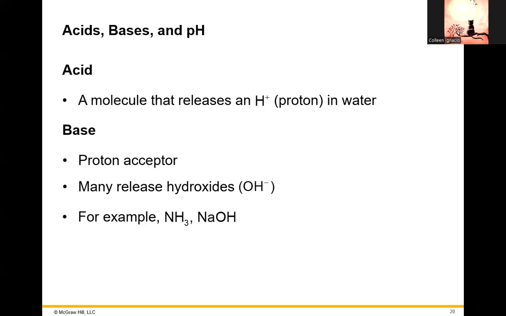Okay, so let's talk about acids and bases, and then we'll continue with pH. When we think about an acid, this is a molecule that is releasing a proton in the water. You may think, well, yes, I know acid because our stomach is full of acid. Your stomach is nothing more than a muscular bag of hydrochloric acid, right? So that's when we think of acids.